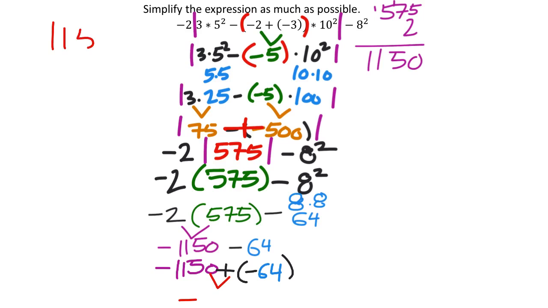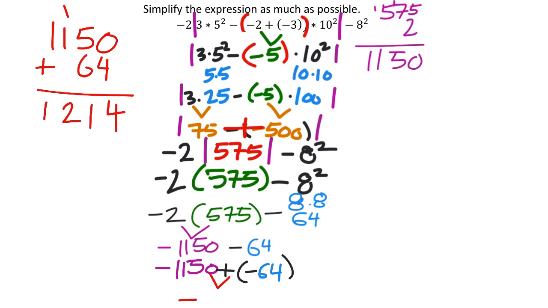But then I can just add those two values together. So 1,150 plus 64 is a 4, 11, carry the 1, 2, 1. Negative, right? We need that negative part of the answer. 1,214, which is our final answer there at the bottom.